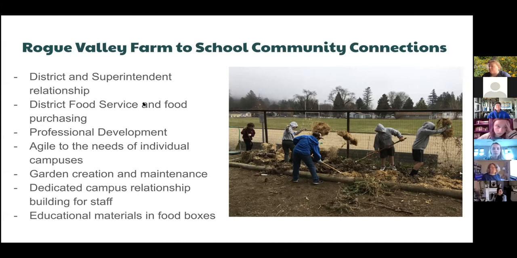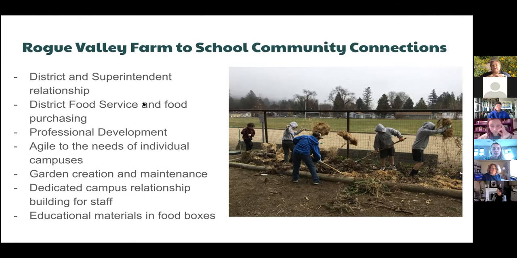They provide professional development, and they're also very agile to the needs of their individual campuses. So they have a core program and they serve schools that have very different properties, that have very different numbers of students and teachers, that have different socioeconomic backgrounds of students, et cetera.